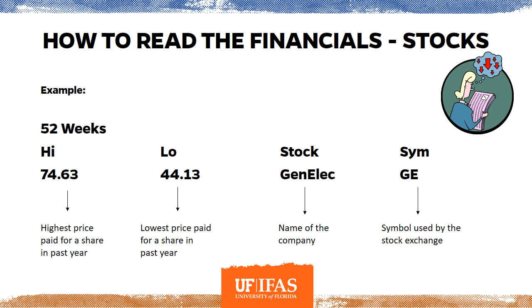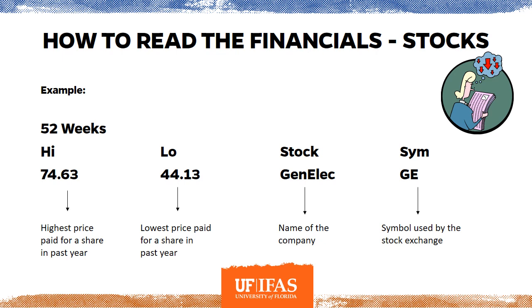And what stock are we talking about? Well, the name of the company is going to be abbreviated so it fits in the space allotted for reporting this. And the general guidelines that were used in the past, because it was such a lot of information that had to fit on a newspaper page, that is really not the case anymore since everything's electronic, but this is how it started out.